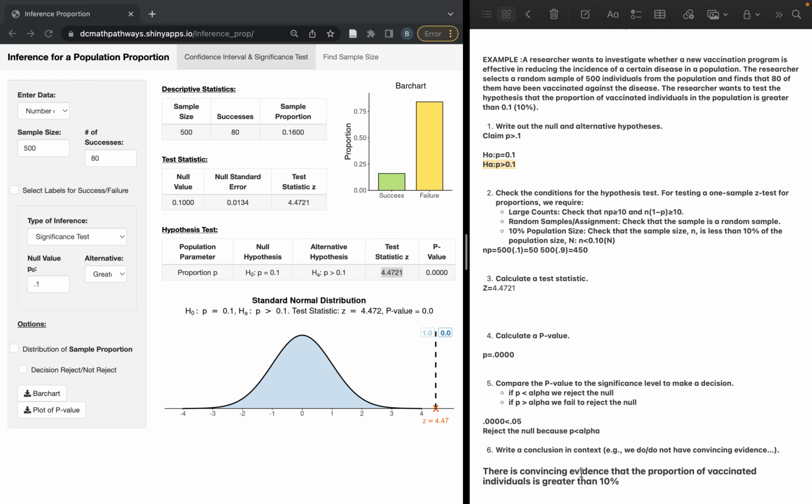So there's convincing evidence that the proportion of vaccinated individuals is greater than 0.1. Whenever we reject the null, we have evidence for the alternative. If we fail to reject the null, we do not have evidence for the alternative. And that is how you run a one sample z-test for proportions using the app.